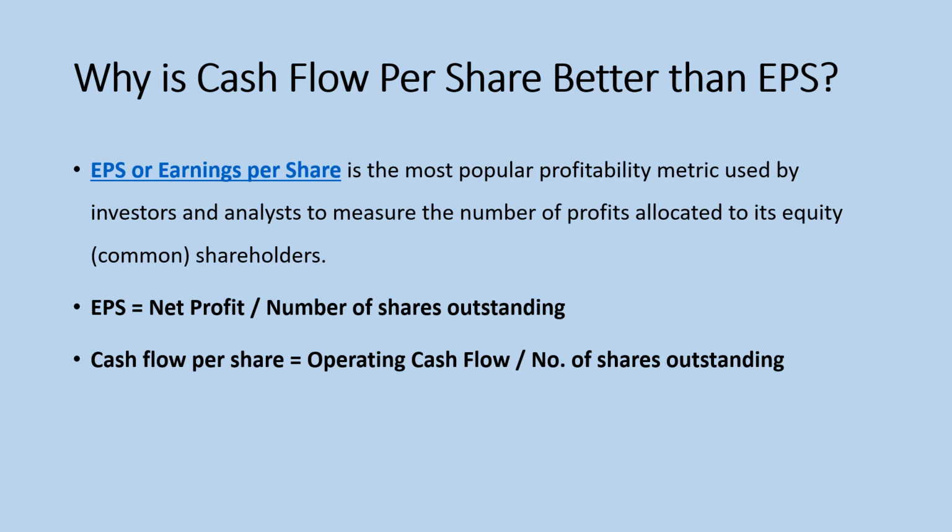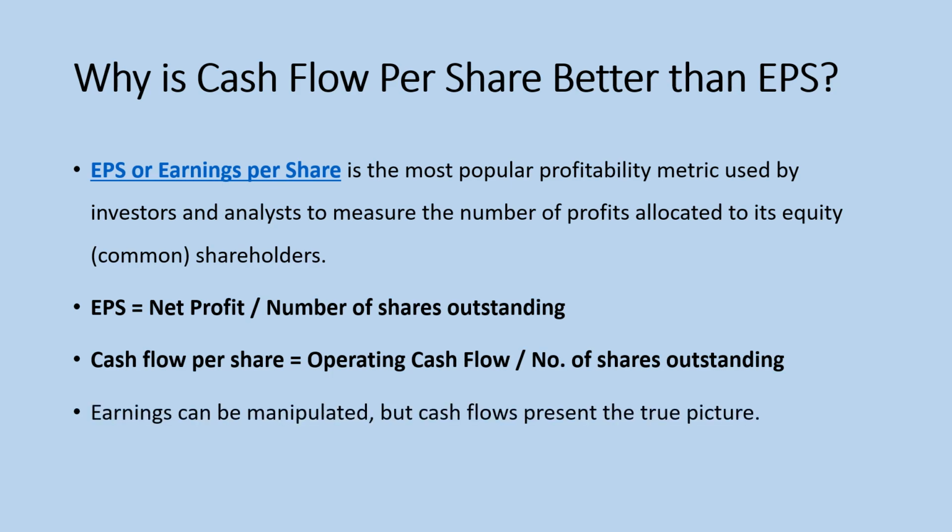We know that earnings can be manipulated. For example, if a company is entering into a 3-year contract, they can inflate the profit by recording all the 3 years' lump sum in the current year itself, rather than distributing the revenue over all the 3 years.